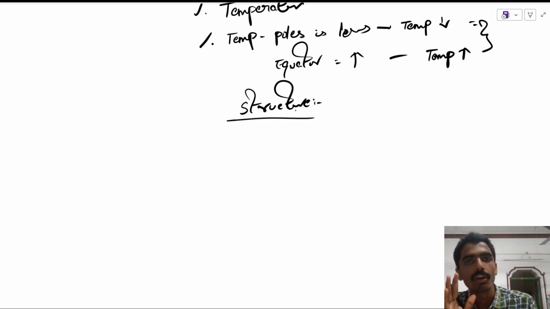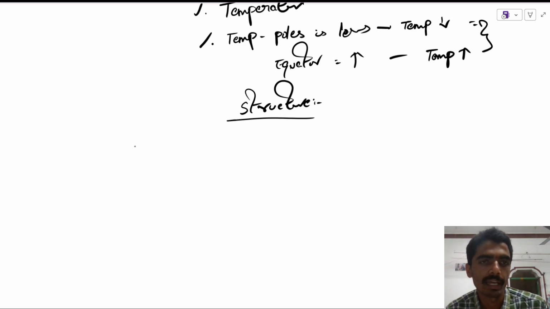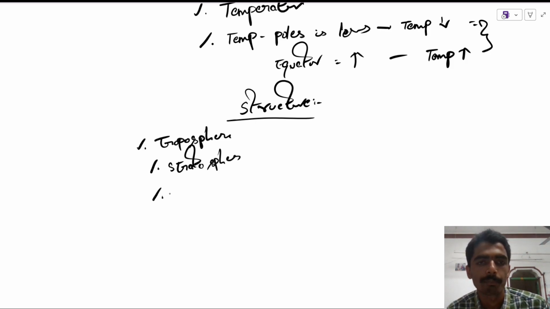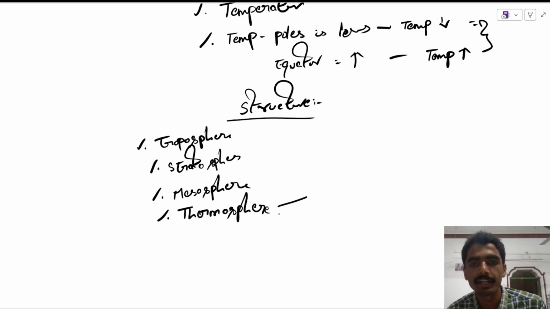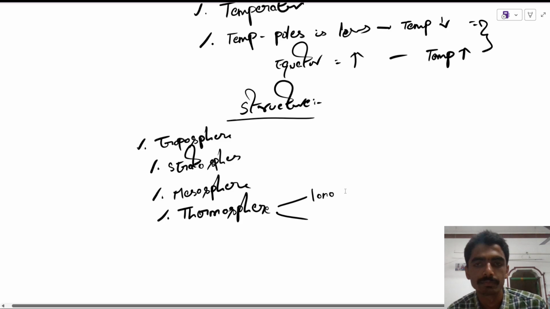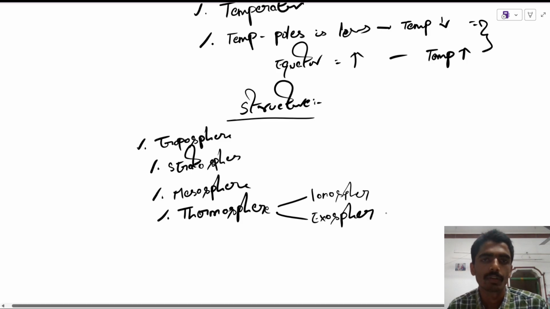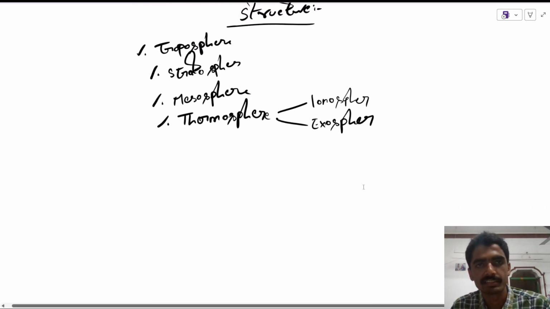Here there are mainly 4 layers, which we call troposphere, stratosphere, mesosphere and thermosphere. The thermosphere is again divided into ionosphere, then exosphere. We are going to discuss them individually.